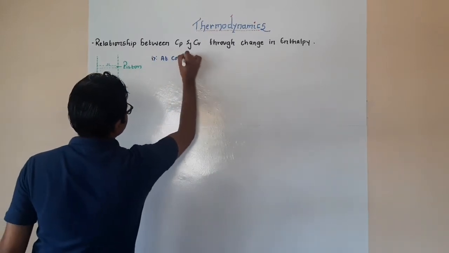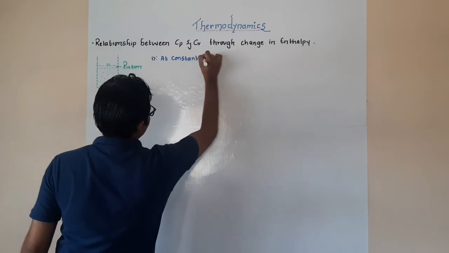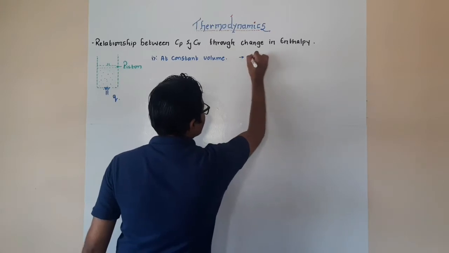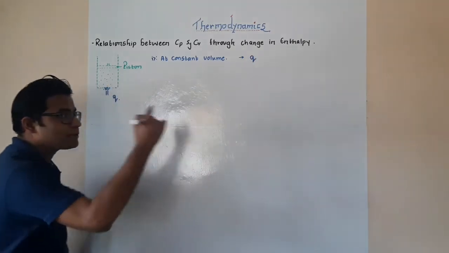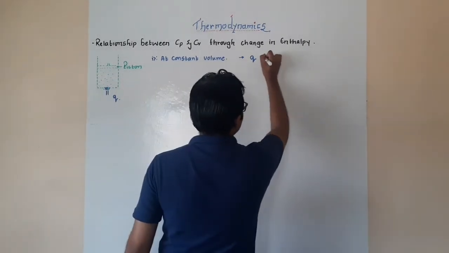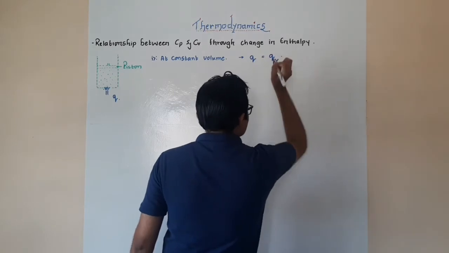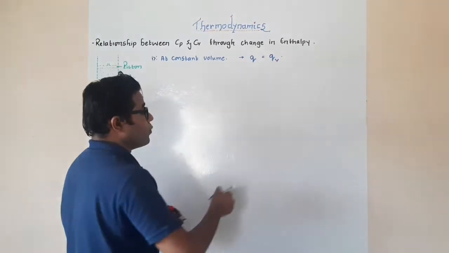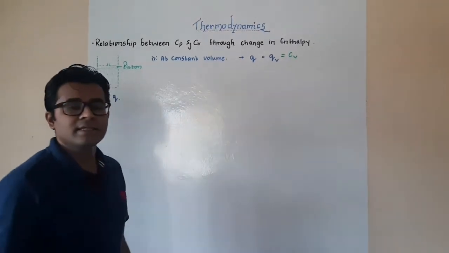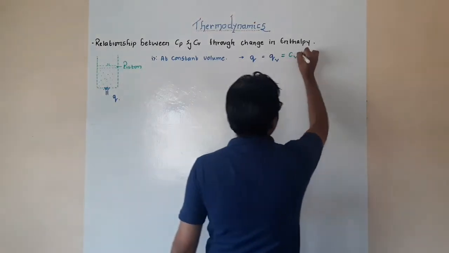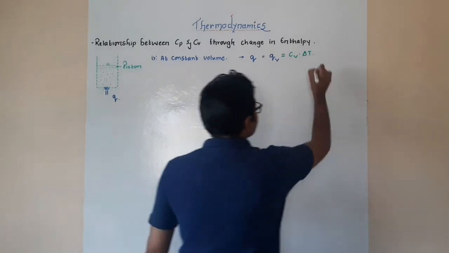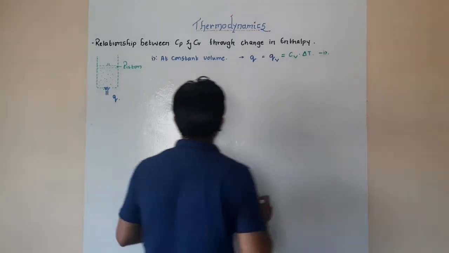At constant volume, the amount of heat that we supply to the system, let us give it as Q. So Q, the heat supplied at constant volume, should be equal to Cv, the heat capacity at constant volume, into the change in temperature that occurs. Correct. So let us say that this is our first point.